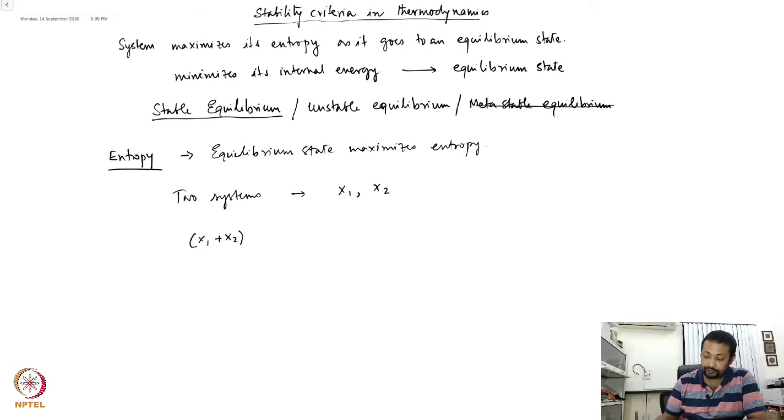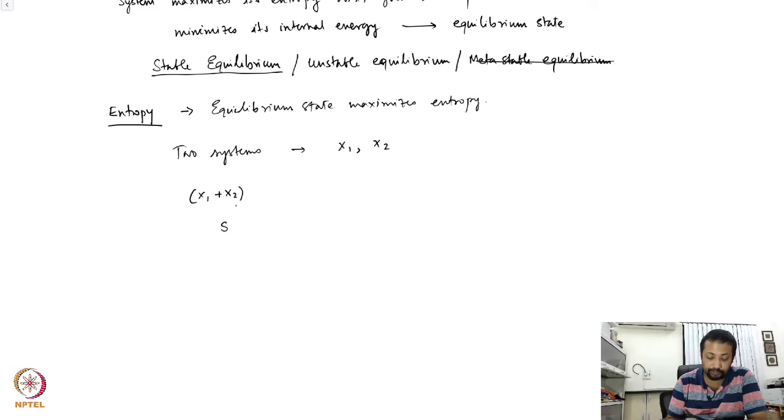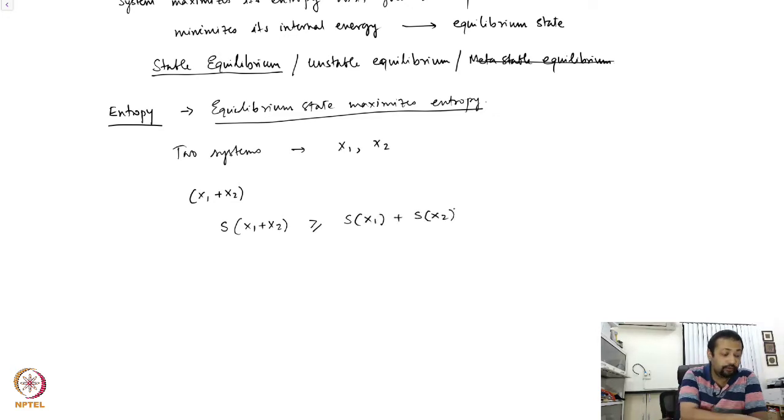In which case, the maximization of the entropy would mean that S of x1 plus x2 must be greater than or equal to S of x1 plus S of x2. So the experiment is that you have two systems, the first described by a set of variables x1, the second by a set of variables x2.